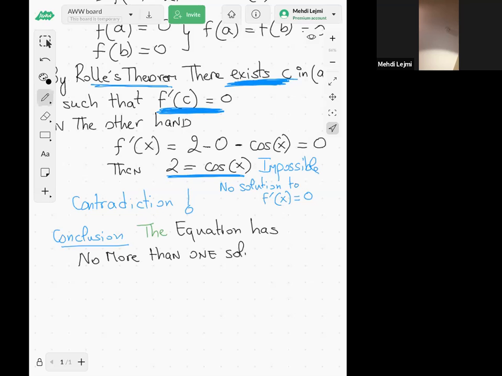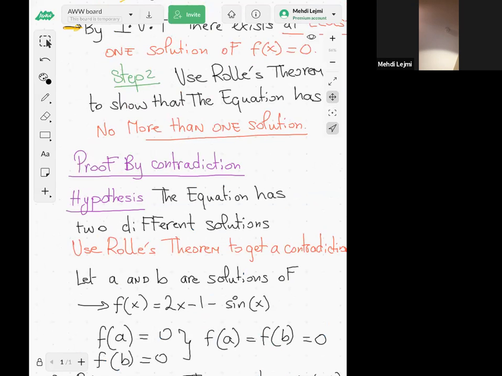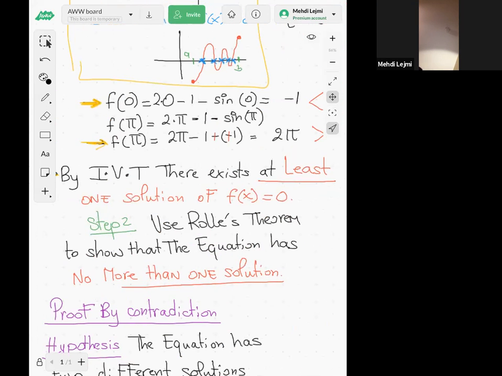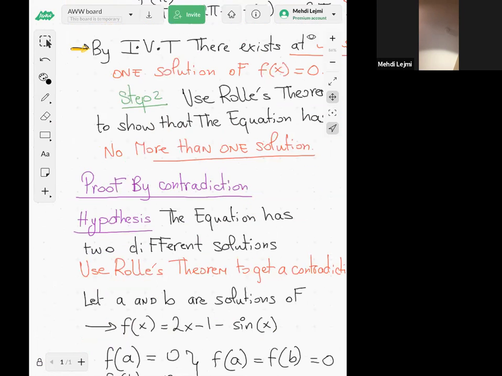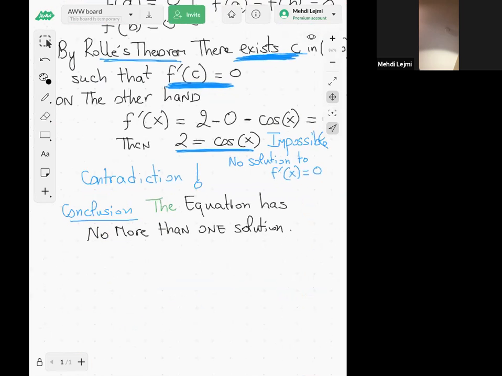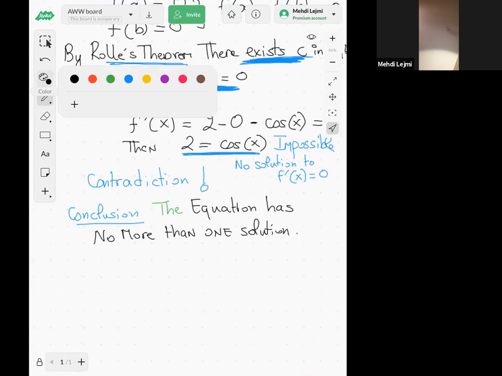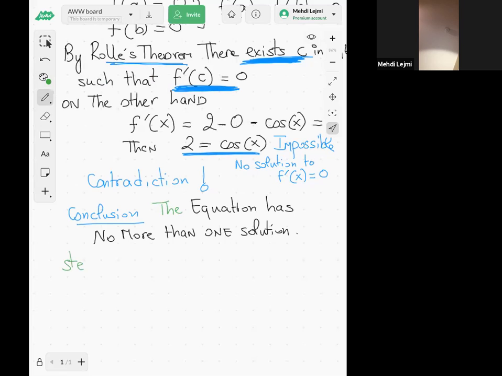So you see, guys, how we combine this. First, we used the intermediate value theorem to say I have at least one solution, right? But then I'm using Rolle's theorem to say I cannot have more than one solution, right? So fact 1 is that I have at least one solution, and the second fact is that I have no more than one. If you combine both facts, then the conclusion, step 3, is that the equation has exactly one solution.